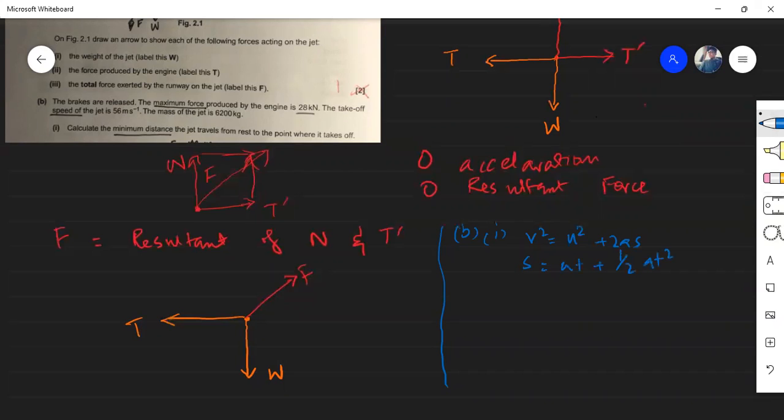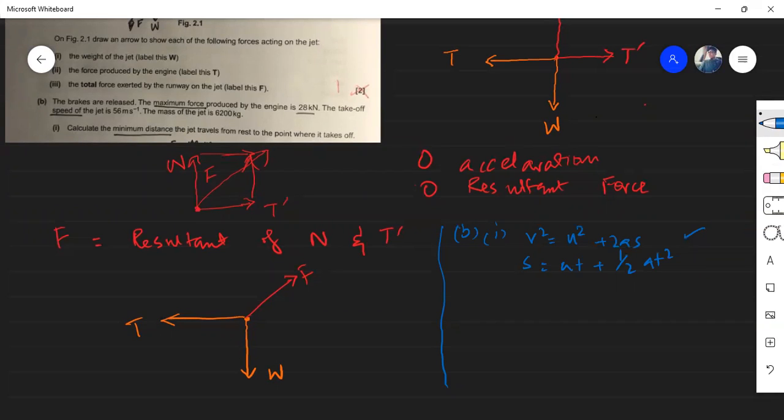This is the formula for distance, where S is the distance. But we will be using v squared equals u squared plus 2as, because the other formula relates distance with time, and we don't have any data for time.